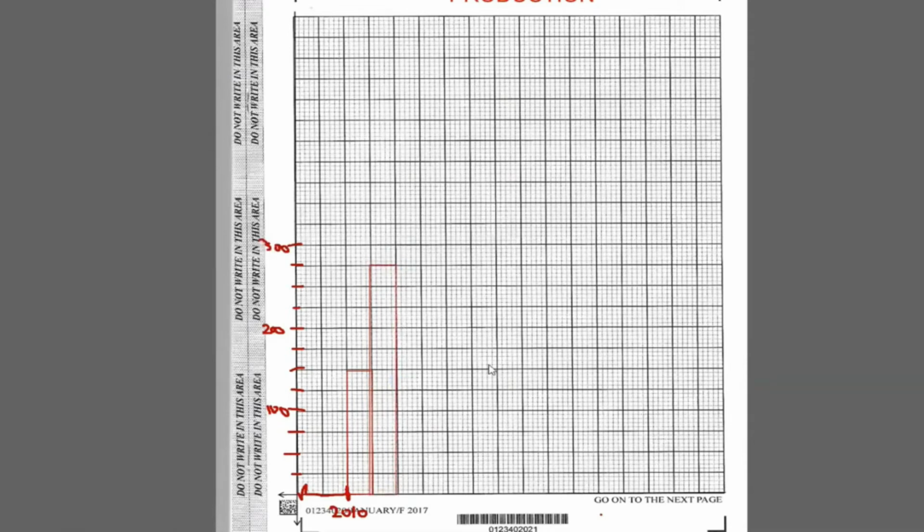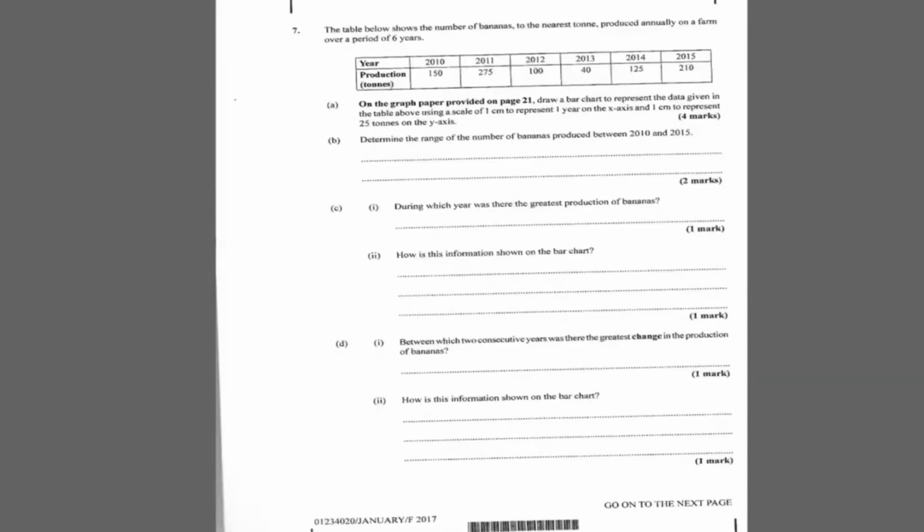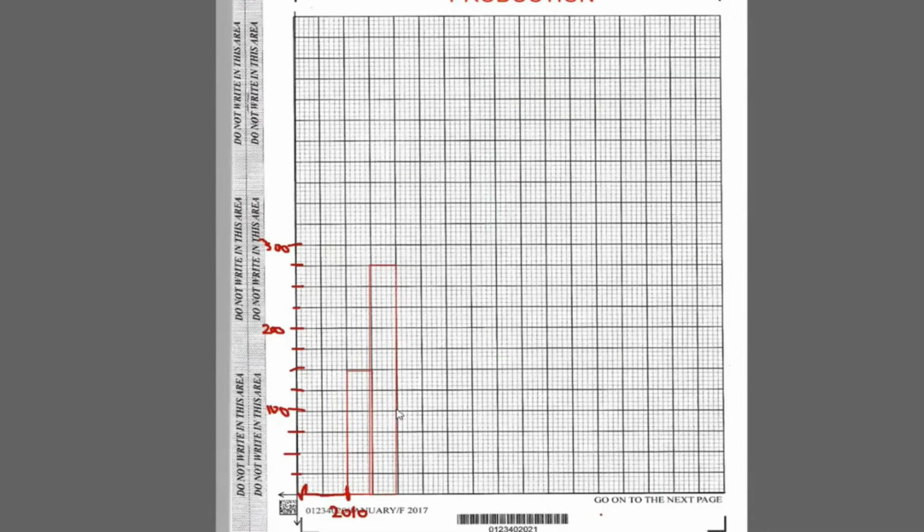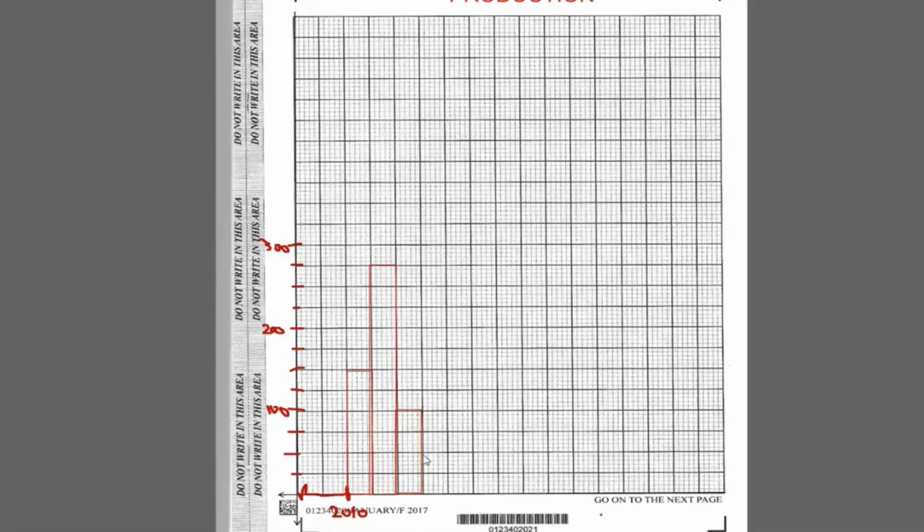So that's 2011, 275 tons. Then 100 for 2012. So 2012, not bad. 100. That's for 2012. Then 2013 is 40. 2013 was awful. 2013 is 40.